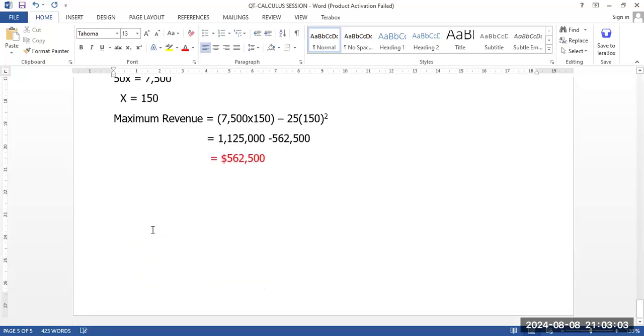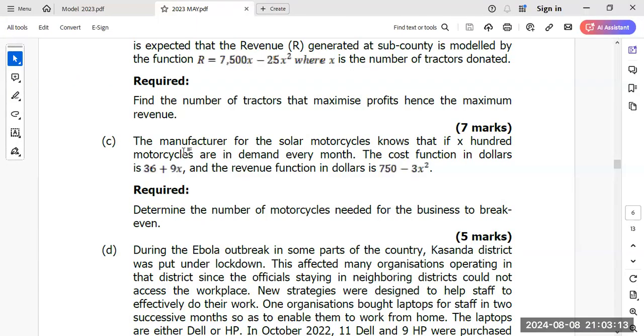Next part, they are telling us that the manufacturer of solar motorcycles knows that if x hundred motorcycles are in demand every month, the cost function in dollars is this, and the revenue function in dollars is this.